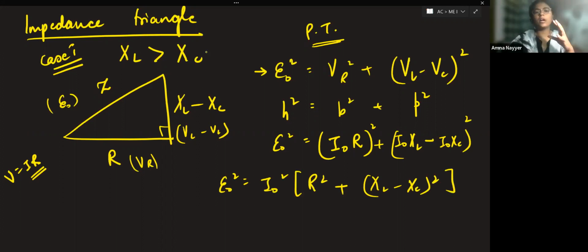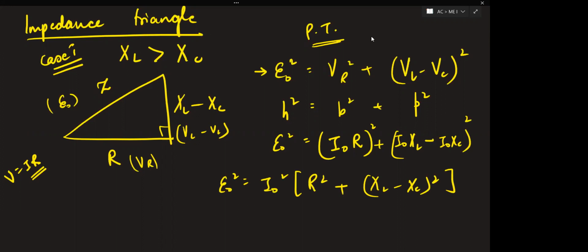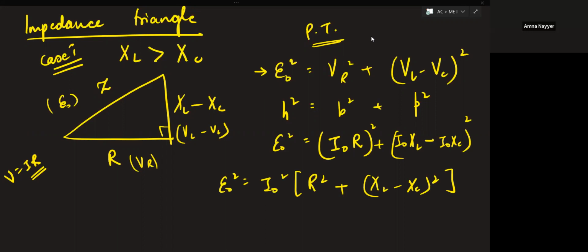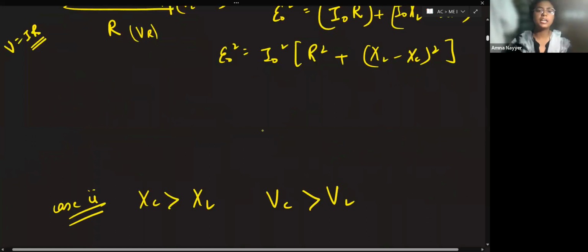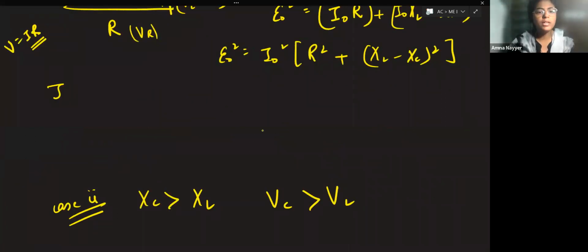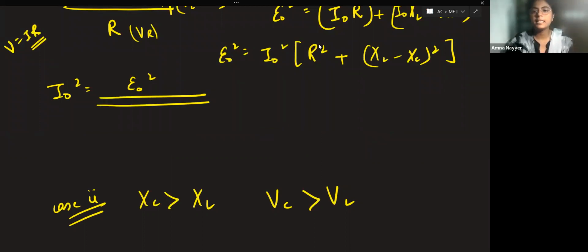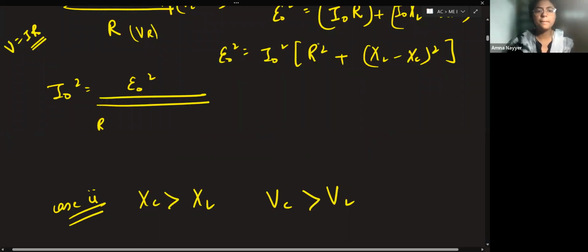Now bring all the terms aside from the current. So what will be the value of current from here? I naught square will be equal to E naught square divided by R square plus XL minus XC whole square.